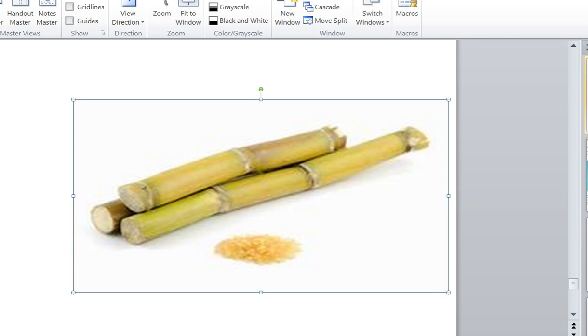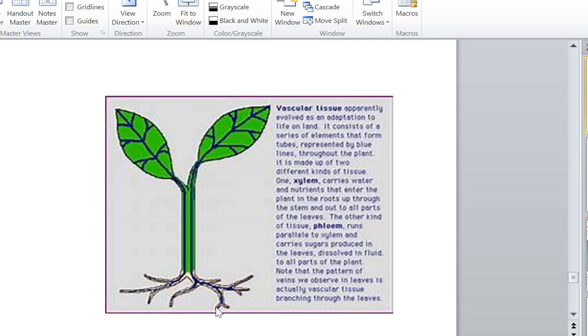Look, this is a picture of sugar cane. Inside it, if you hold a piece of sugar cane, you can see with your eyes many small tube-like structures. These are called vessels, vascular tissue, tube-like structures to transport materials inside the plant.